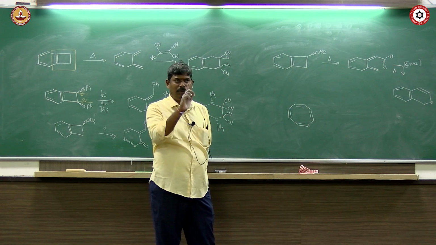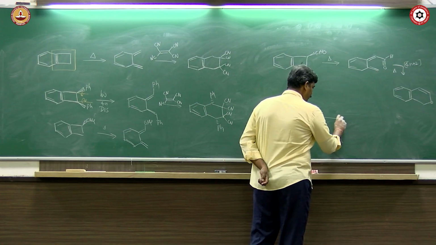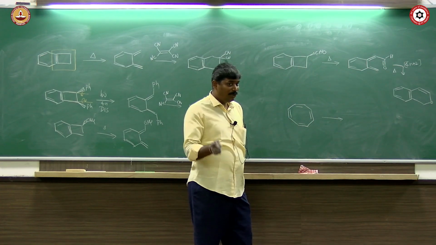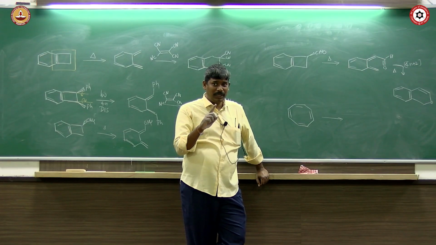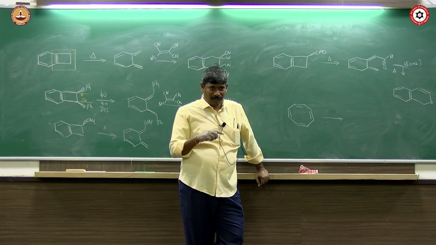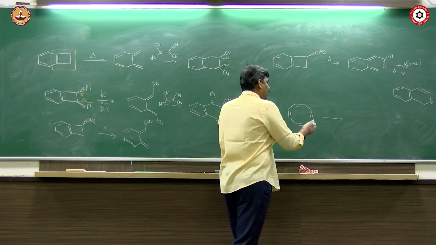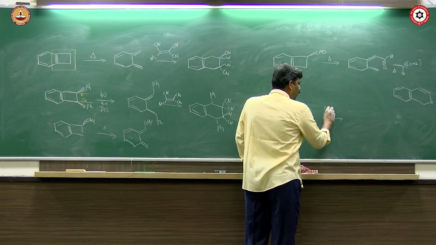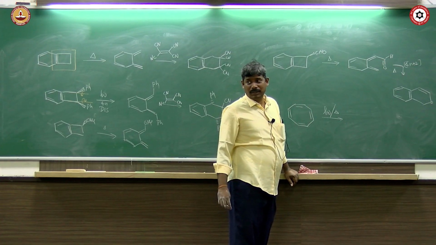I will take two examples and then close. It's already 1 o'clock. Okay. So this we talked about previously; it depends on the system. If you change the condition, you get a different product. This is the beauty: if you use either photochemical or thermal, it gives the same product.